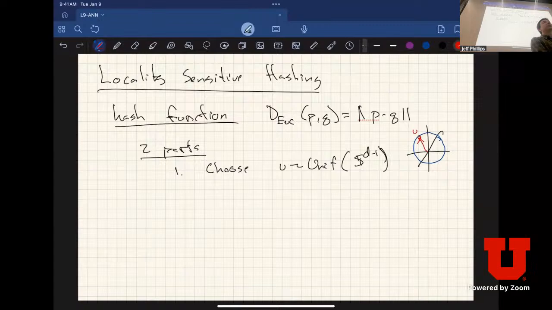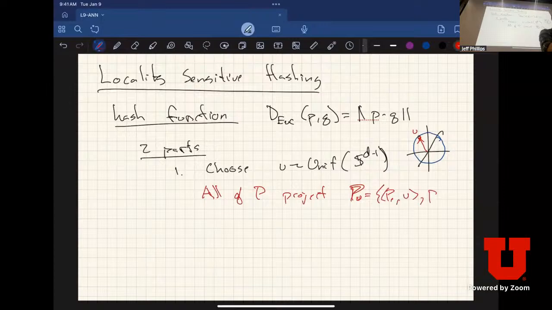And what this has done is, now I can take all of P and project it. Let's call this P_U, which is going to be P1 dot product with U, P2 dot product with U, and so on.